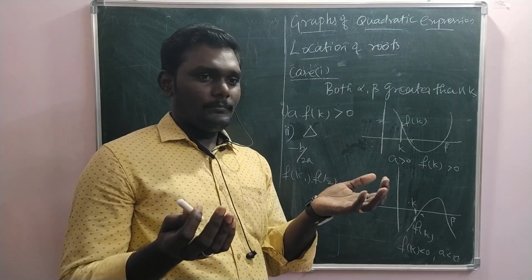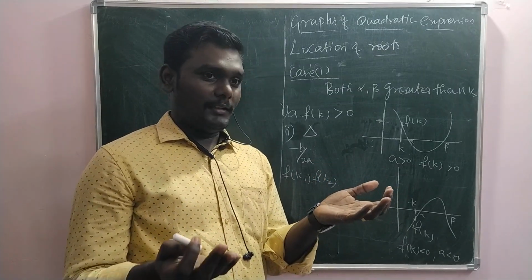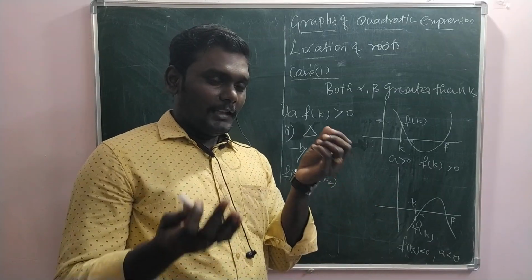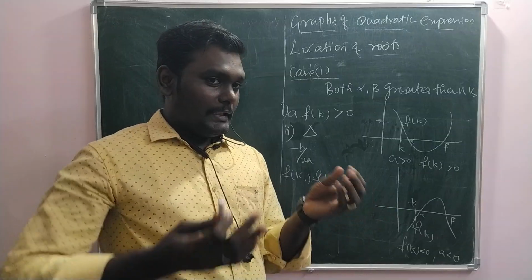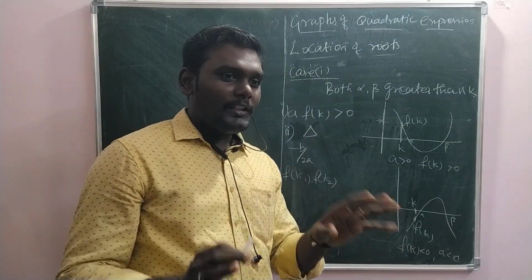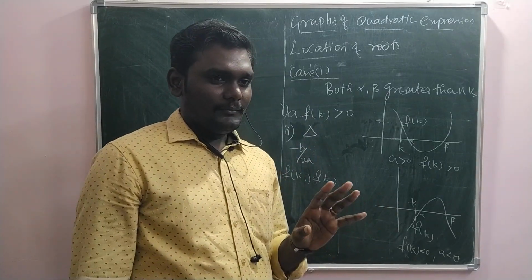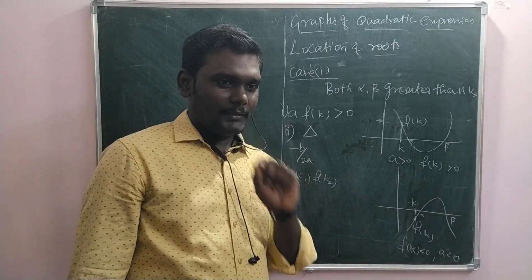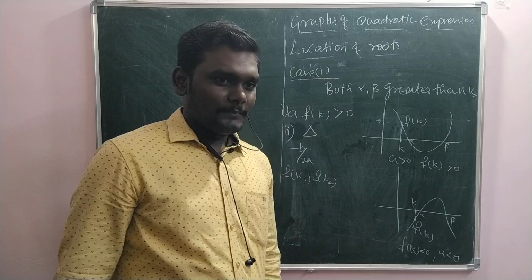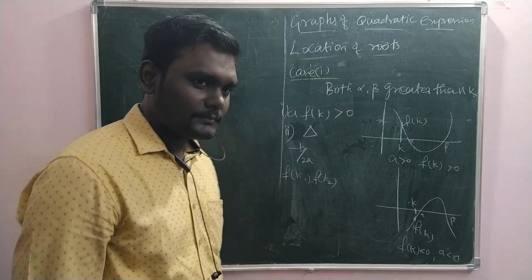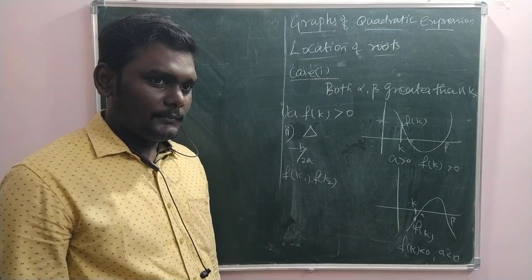See, alpha and beta are there, right? They are two distinct roots. When we have two real and distinct roots, delta is what?